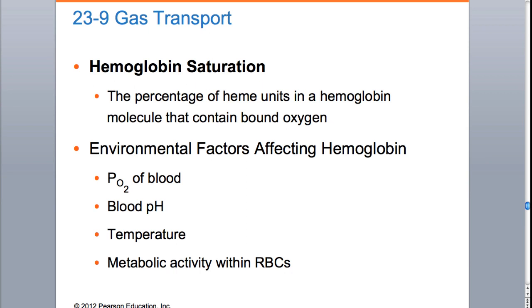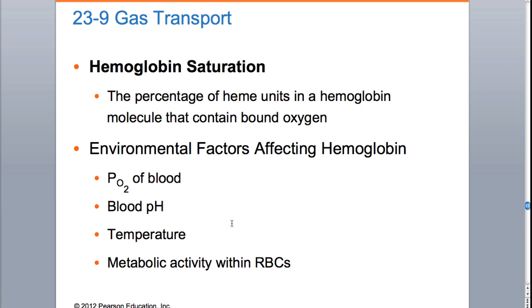Now, having said all that, look what it says. Hemoglobin saturation. So how much of my oxygen is sticking to hemoglobin? We already know that at rest it's pretty much full. We're only using 25% typically. Now these are the 4 factors that you need to keep in mind that affect how much oxygen stays on your red blood cell.